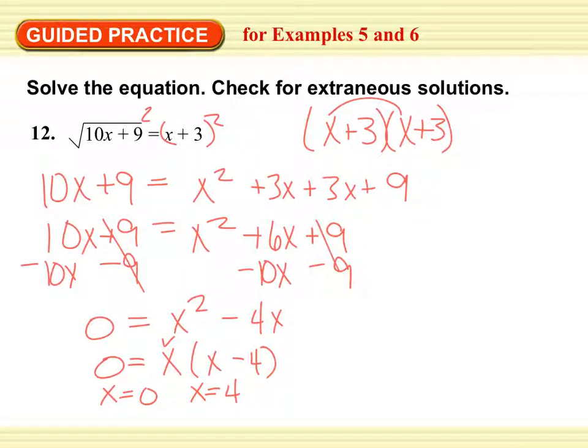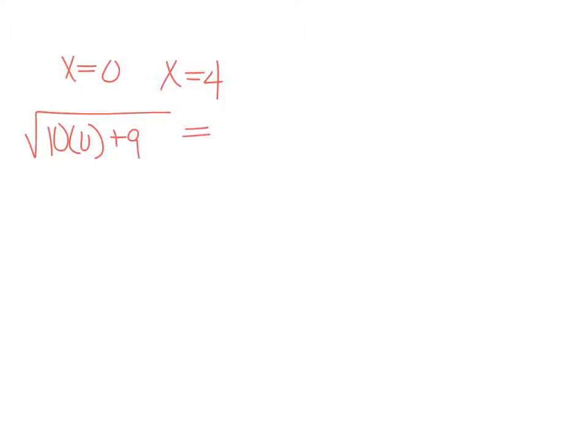Okay, I need a new page. I need to check for extraneous solutions. So I had x equals 0 or x equals 4. Let's go ahead and check them. I'm still in red pen, I'm sorry. We'll do 0 first. That's a 0. I get square root of 9 equals 3.